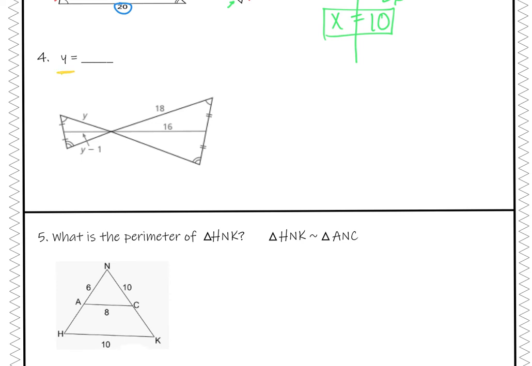Well, I have the y minus 1, right? The y minus 1. Let me go ahead and erase that and try that again. There we go. Which corresponds with the 16, right? And that one's really obvious because we're talking about the line that's inside the triangle. So the y minus 1 corresponds with the 16. That's going to be one color.